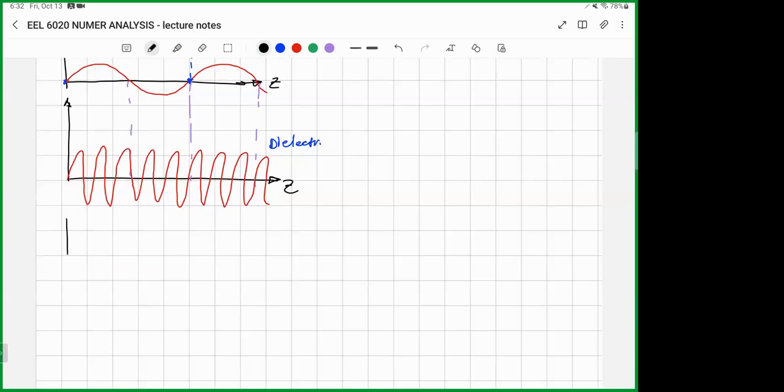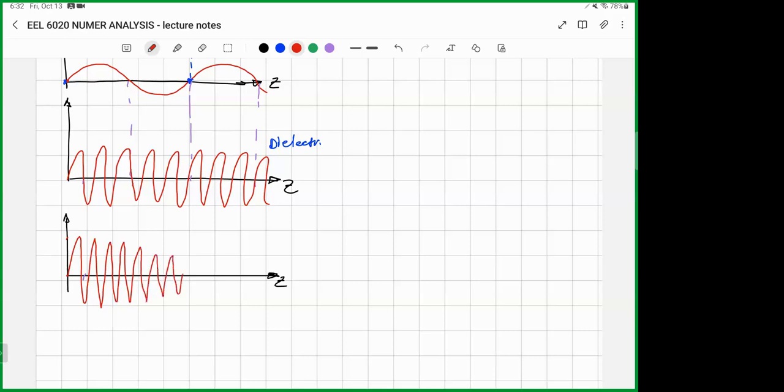So we conclude that the actual propagation of the field will be something like this: an exponentially decaying amplitude.